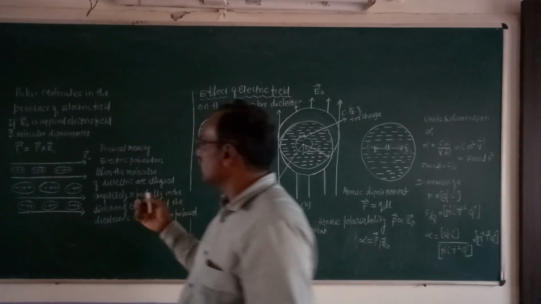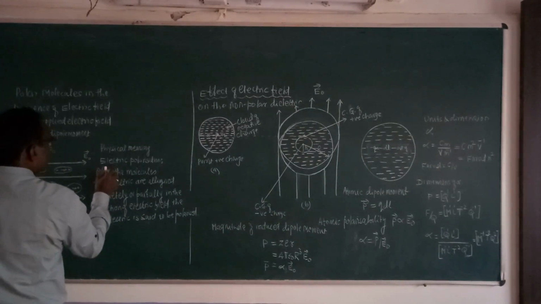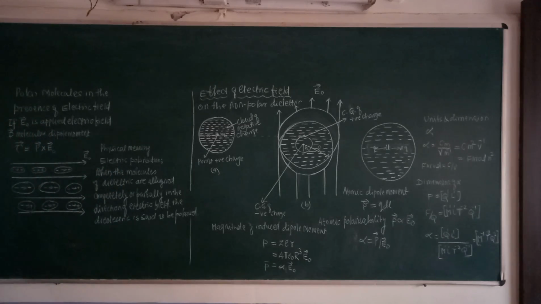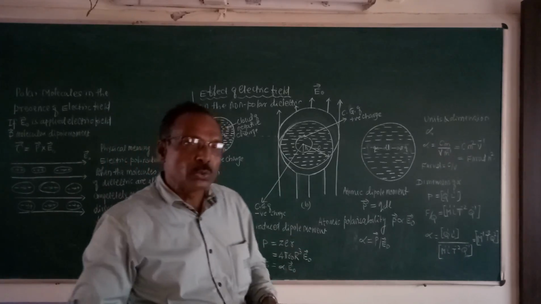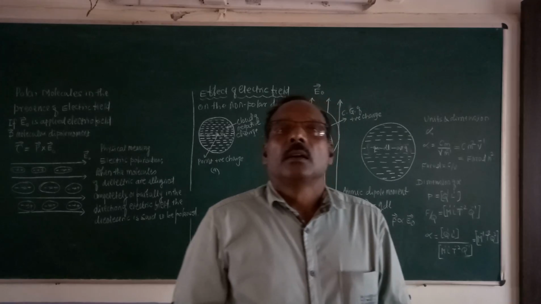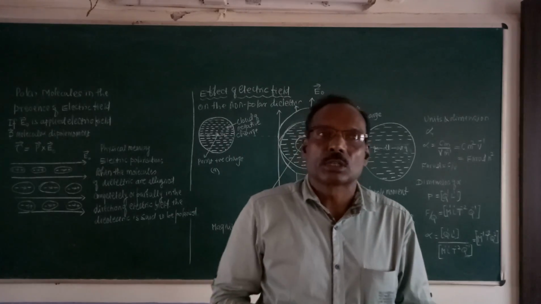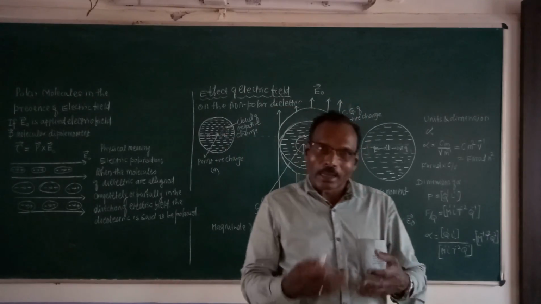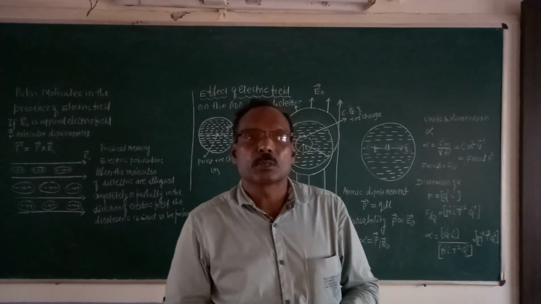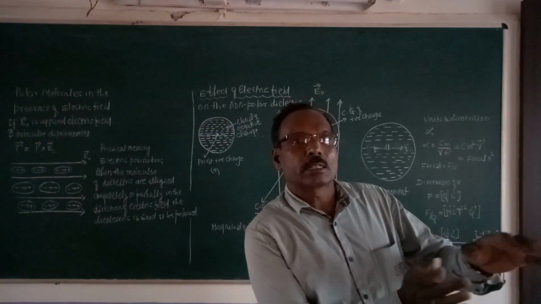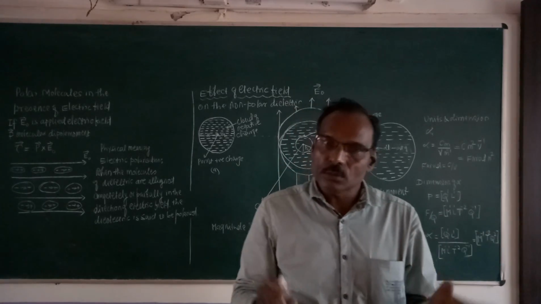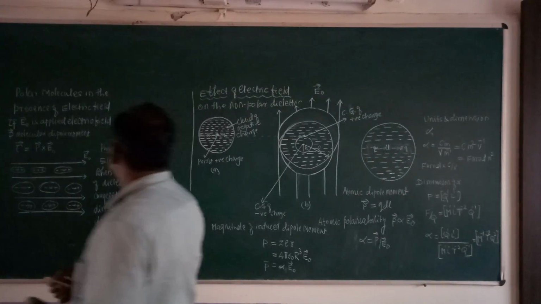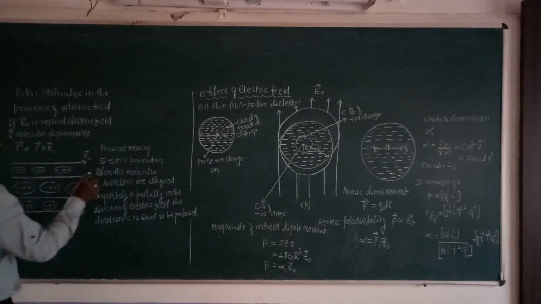We get that kind of thing in electricity too, and we call it electric polarization. Commonly this word polarization is used in day-to-day life, even in the election process. People say that votes get polarized, they get concentrated on one side. So we use the term electric polarization.